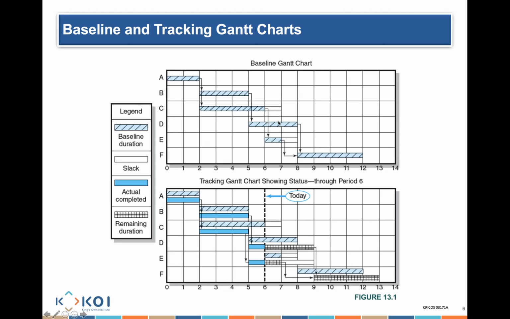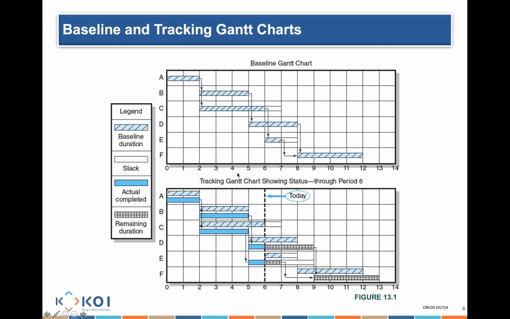So if I finish this early, that doesn't mean that I can start this, because activity F is connected to both D and E. So even if E is finished here, task F cannot start because it needs to wait for activity D to finish after 1 period. That's why they tell you this is an extra period that is a slack. So if we delay it, it's not going to be a problem for us in terms of our project delivery.